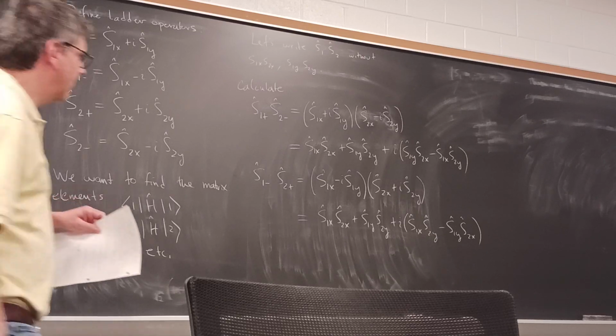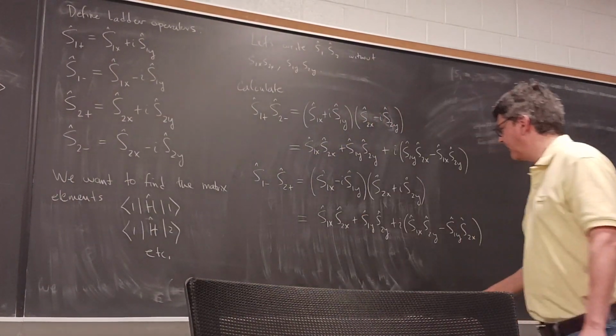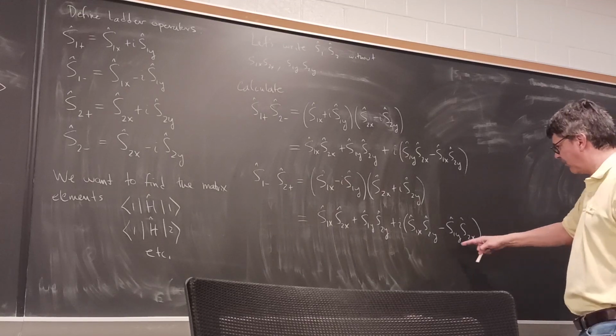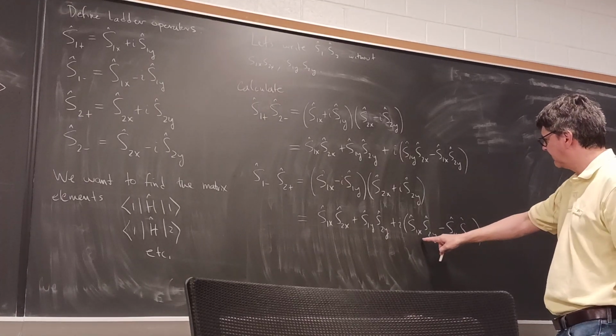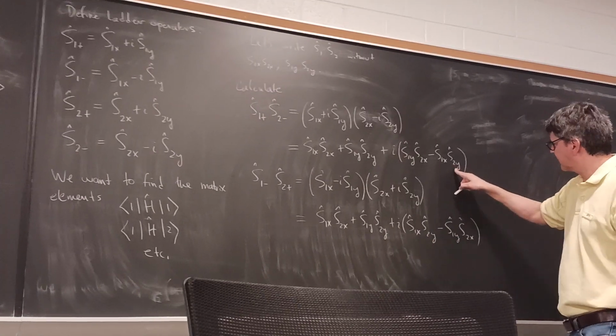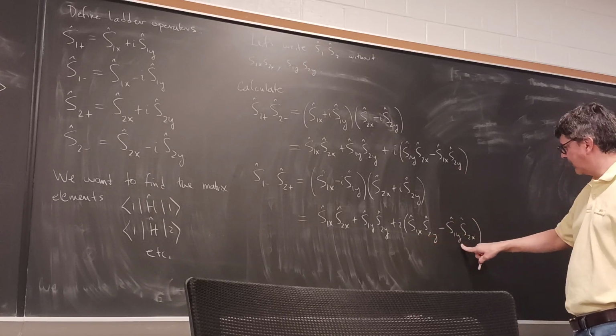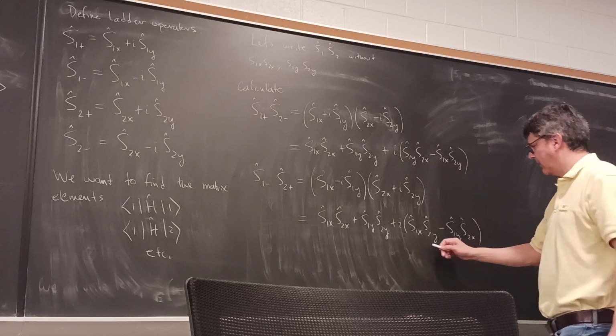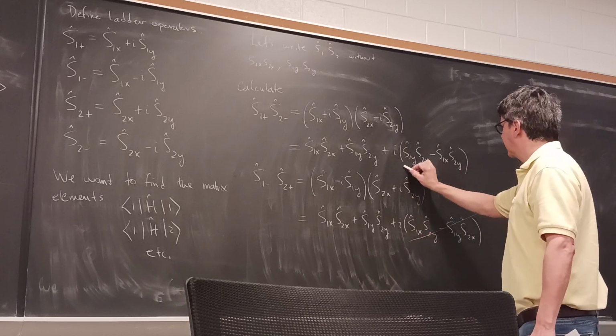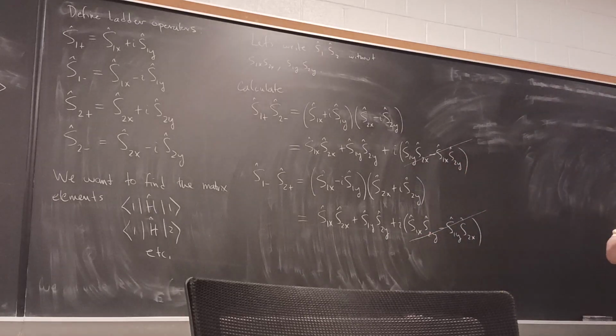Okay? So, let's see what we have here then. These two, I hope, will cancel out. So we have S1x S2y, I've got a minus sign here, I've got a plus sign here, and then an S1y S2x. So this term cancels, if I add these things, these cancel.